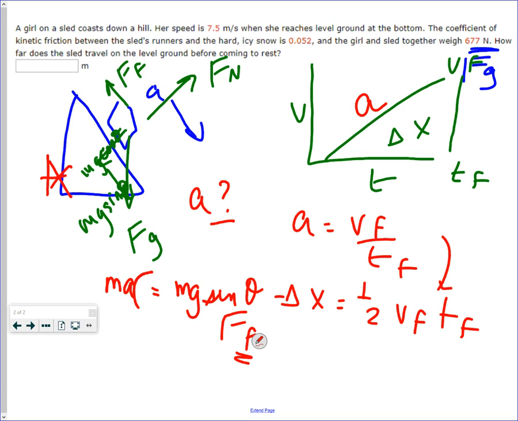You should be able to find a. Once you have a, you've got your slope. Once you've got your slope, you know, whatever your number is here times tf equals vf, right? And then you can put it in there and find how far it goes.